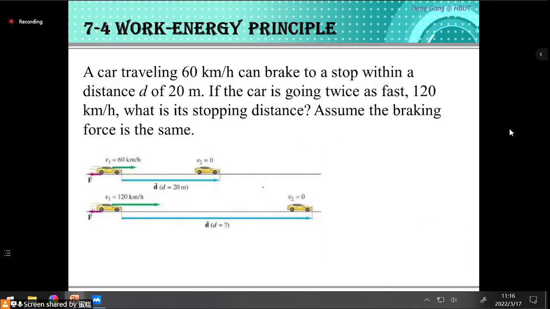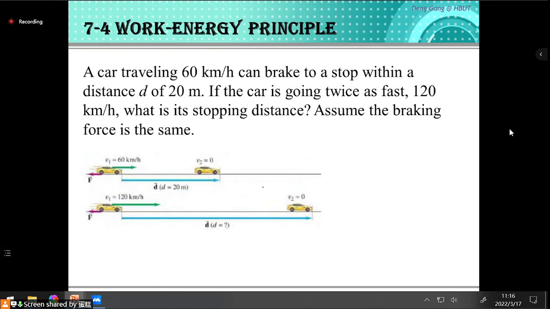Okay, so then let's try this one. A car traveling at 60 kilometers per hour can brake to a stop within a distance d of 20 meters.